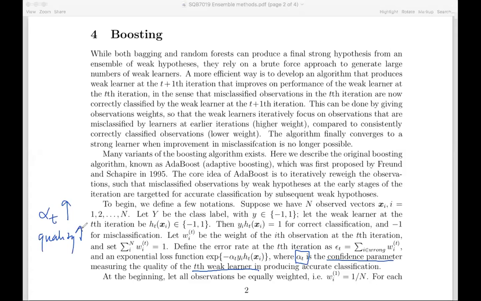So alpha t captures the quality of a weak learner, and it's an important quantity because it allows us to take a weighted approach to make decisions later. At the beginning, let all observations be equally weighted, so each observation has weight 1/n, the same weight.